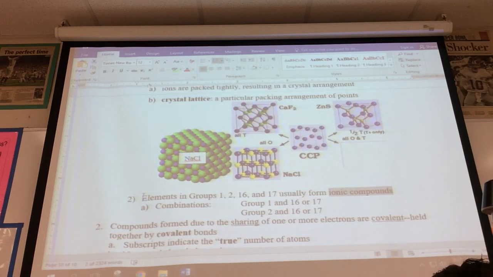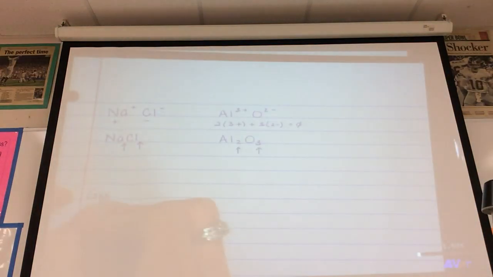For example, a group 1 with 16, sodium oxide, a group 1 with 17, lithium chloride, a group 2 with 16, magnesium sulfide, a group 2 with 17, calcium fluoride.